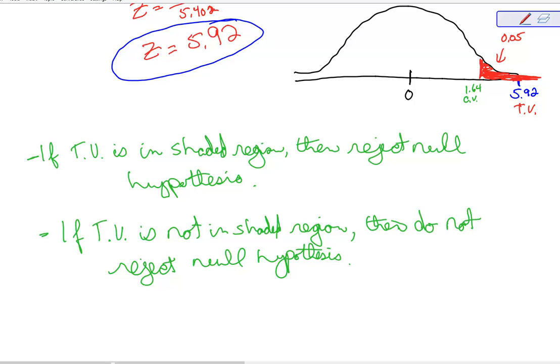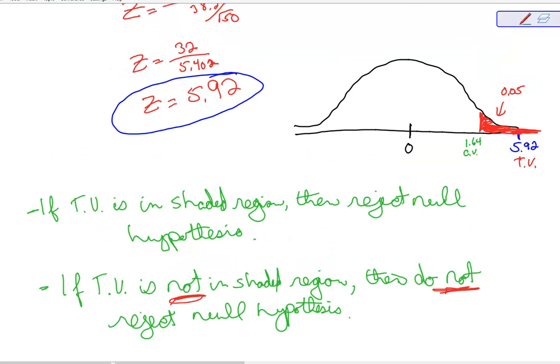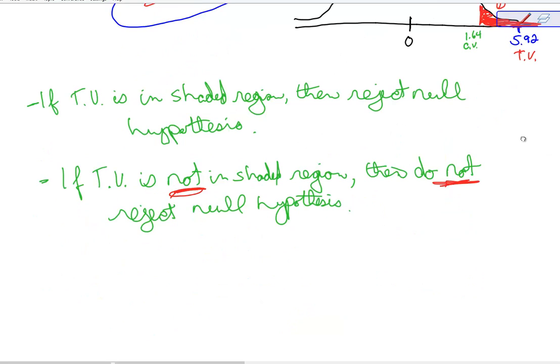So the key is, if it's not shaded, we do not reject. Shaded, we reject. So in our case right here, it is in the shaded region.